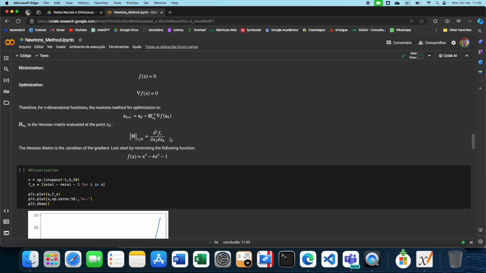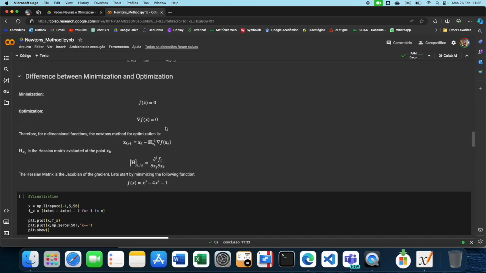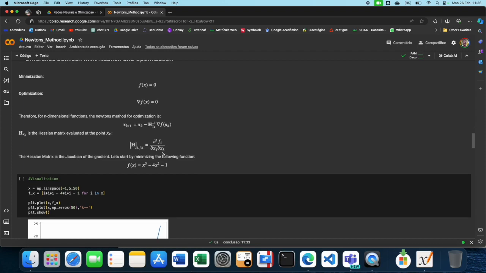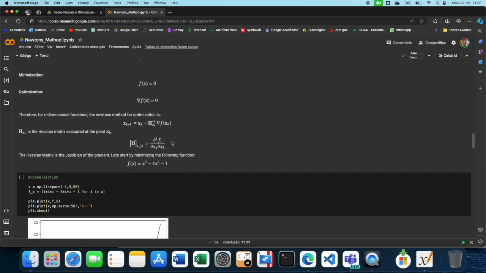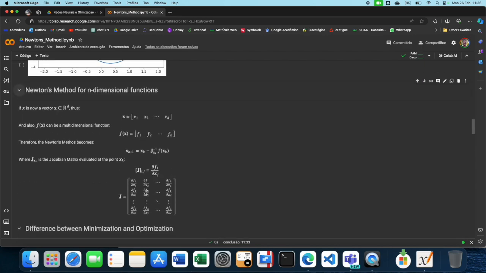The Hessian matrix is the Jacobian matrix of the gradient of f. It's the same thing. We can see it as the second derivative of the function f with respect to all of its input values. Okay, I'm not going to show the matrix as I did previously right here, because it's not our goal.